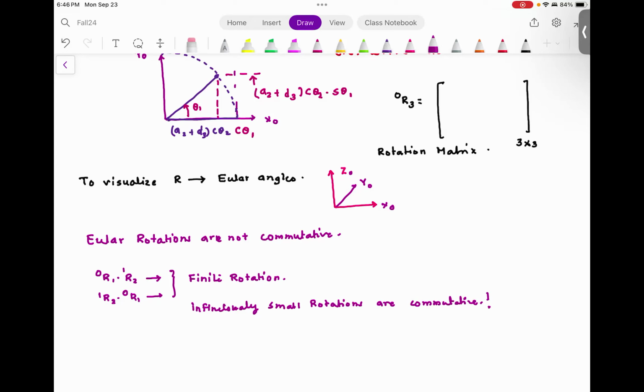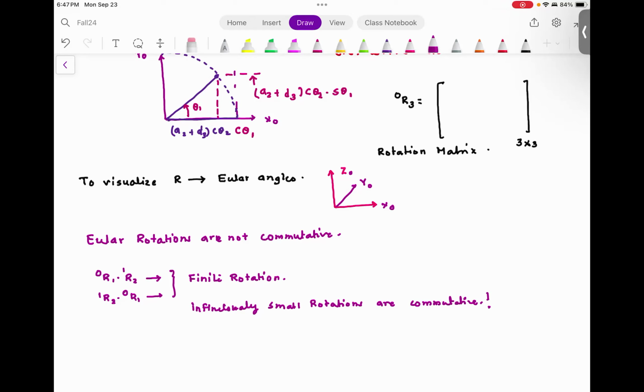What angle could be classified as small? Small angle is like a fraction of a degree, about 0.1 to 0.2 degrees, where the rotations can be considered commutative. Actually, it's a very good question, and unfortunately, this question is not answered properly in the textbook.